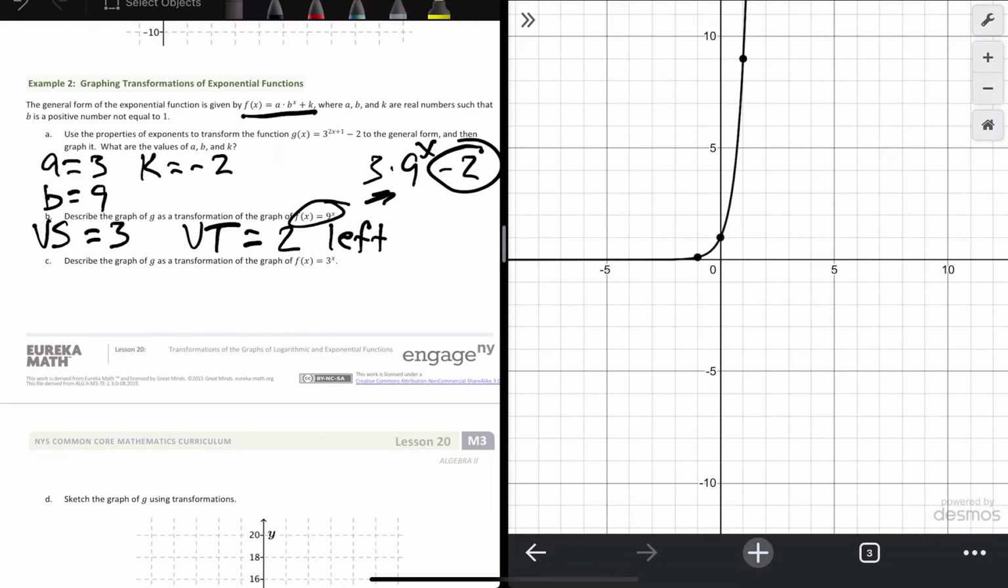We're still going to have a vertical scaling, and we're going to have a vertical translation, and now we're going to end up with a horizontal scaling.